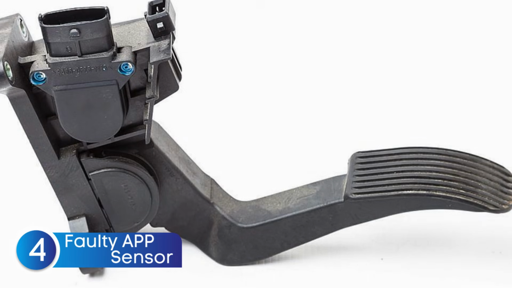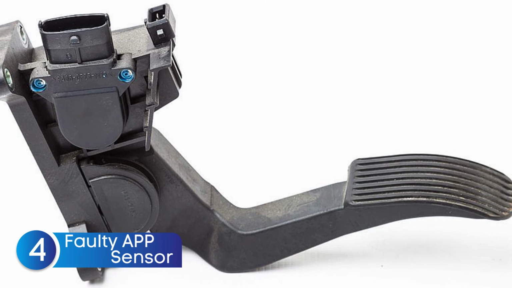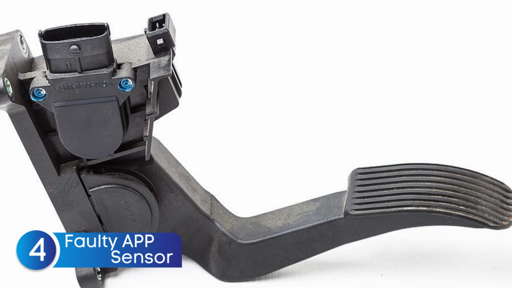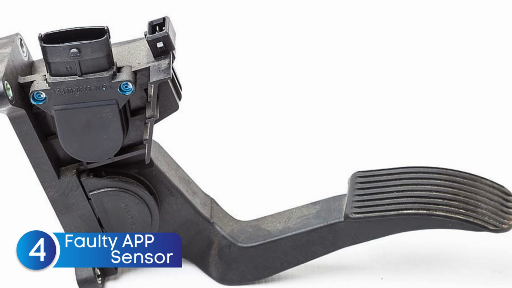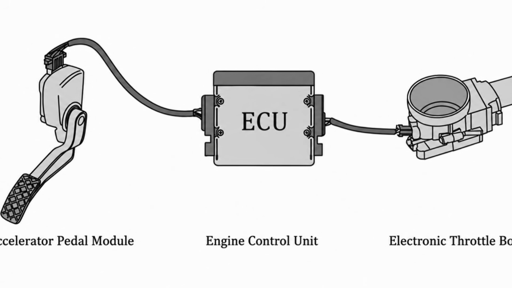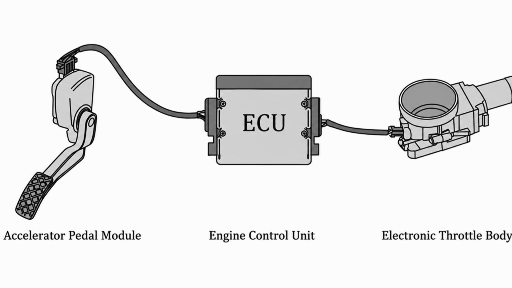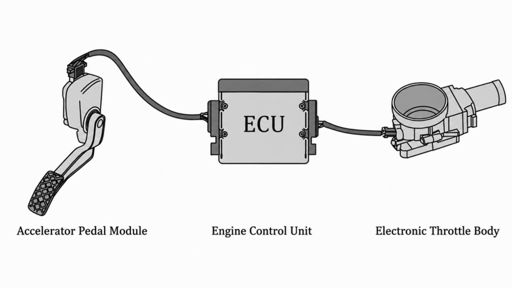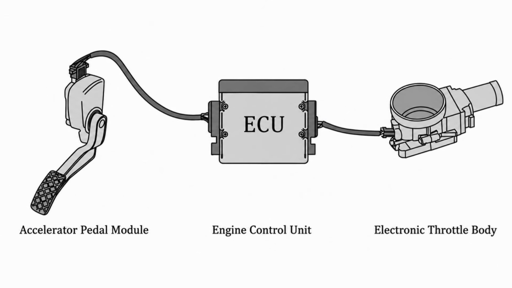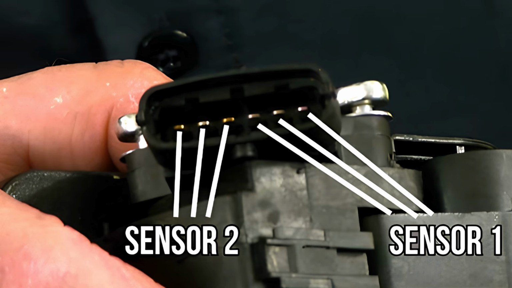Next, another possible cause of the P0120 code is a faulty accelerator pedal position sensor. On vehicles equipped with an electronic throttle, the accelerator pedal isn't connected to the throttle body by a cable. Instead, the APP sensor measures how far you're pressing the accelerator pedal and sends that information to the ECM. Inside the APP sensor are 2 or sometimes 3 separate sensing circuits for safety.